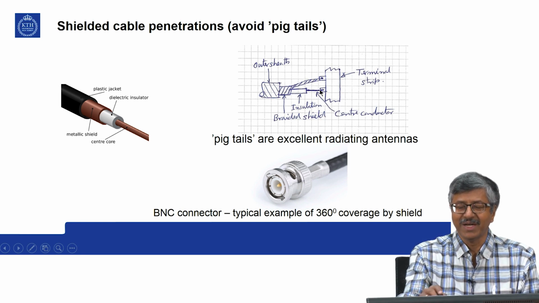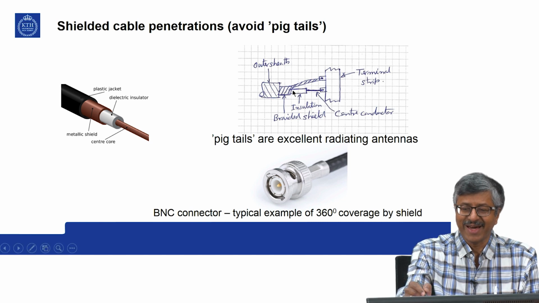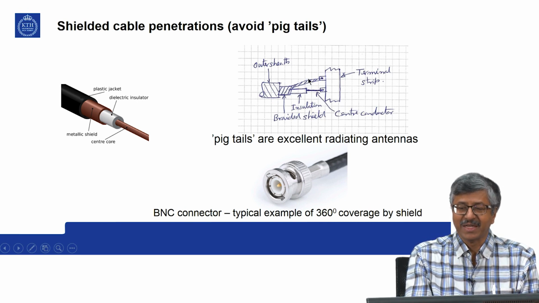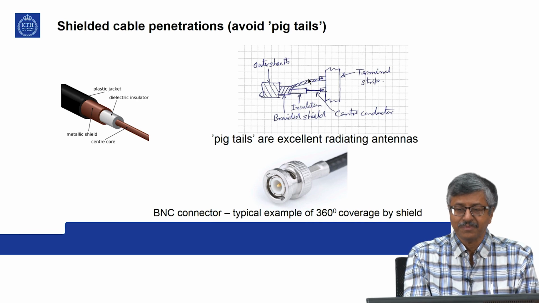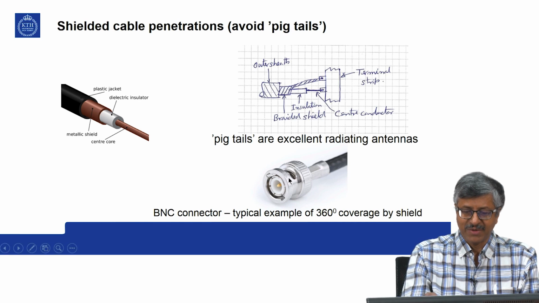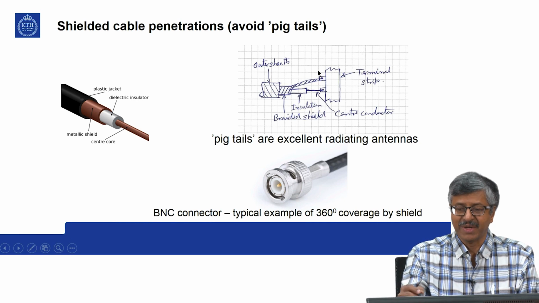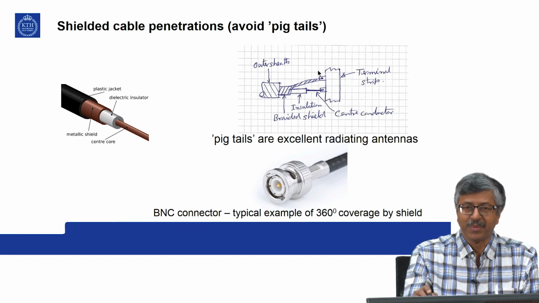Of course, functionally this is okay, but not from an EMC point of view, electromagnetic interference point of view, because now you are creating a nice loop antenna or a dipole antenna, depending upon how you see it, which can radiate and create problems. So, in labs you always have this BNC connector, which gives a typical 360 degree coverage by the shield. That will be the proper way of connecting it. So, this is the end of module 1.